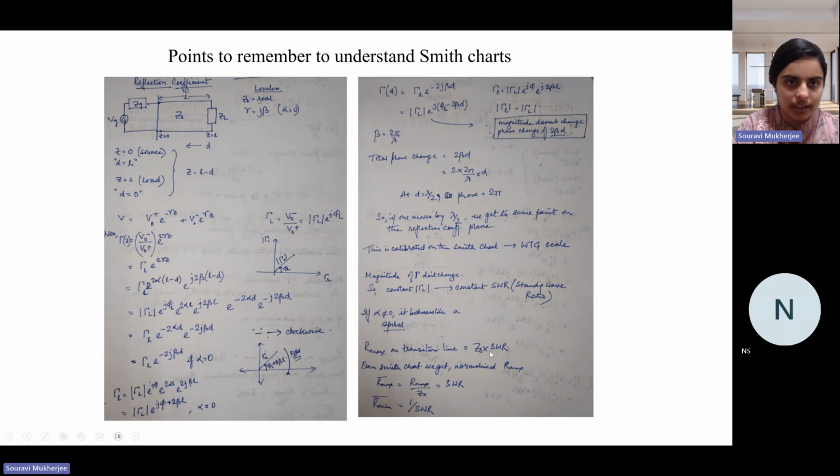If you have some normalized impedance, you draw a circle out of that. The minimum and the maximum value of resistance which you will get from the gamma R axis will give you the value of the standing wave ratio. Similarly, 1 by the standing wave ratio will give you the minimum value. We'll see how to see it graphically in the Smith chart.